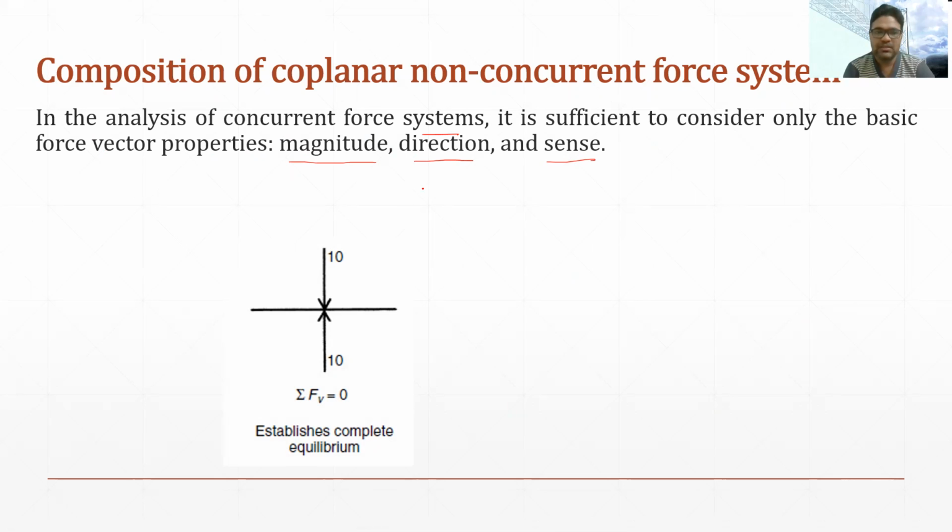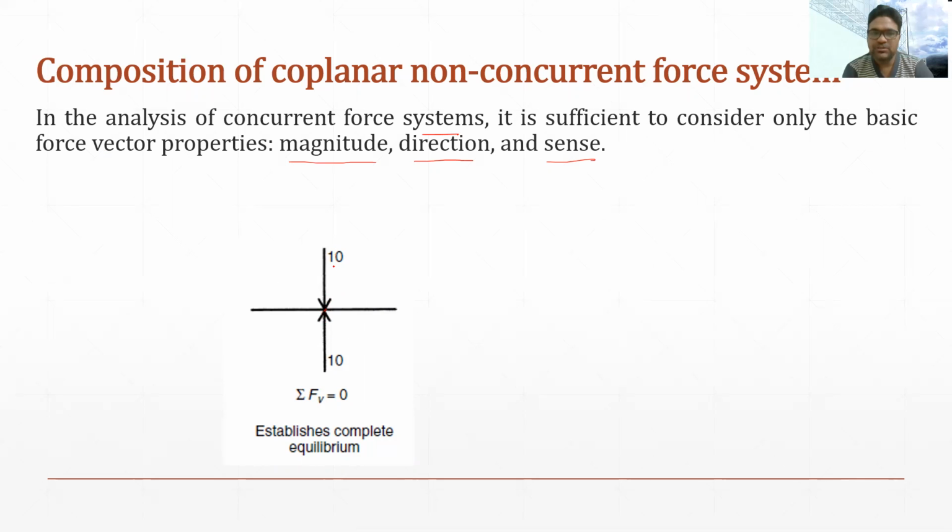This figure shows two forces which are acting on a single point. So these two forces are an example of concurrent forces. They are acting on this line, which may be any horizontal body. The equilibrium in this case is set because the lines of action of both forces are in the same line and they are acting on the same point.